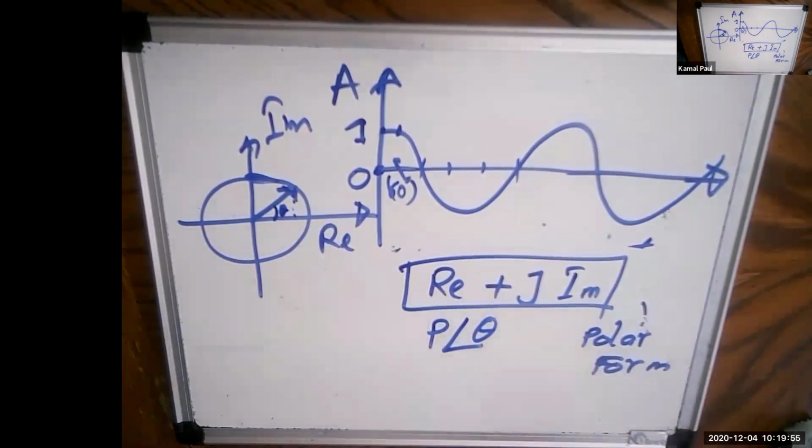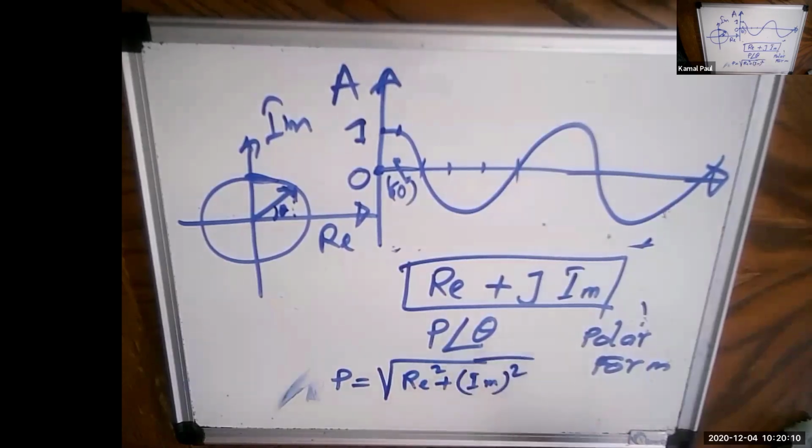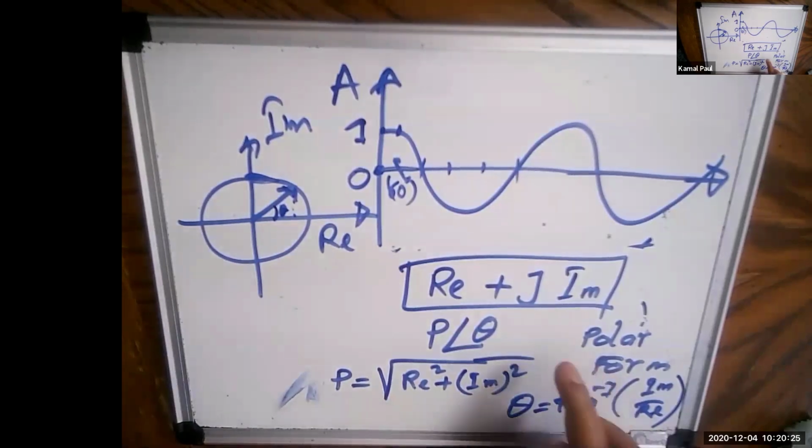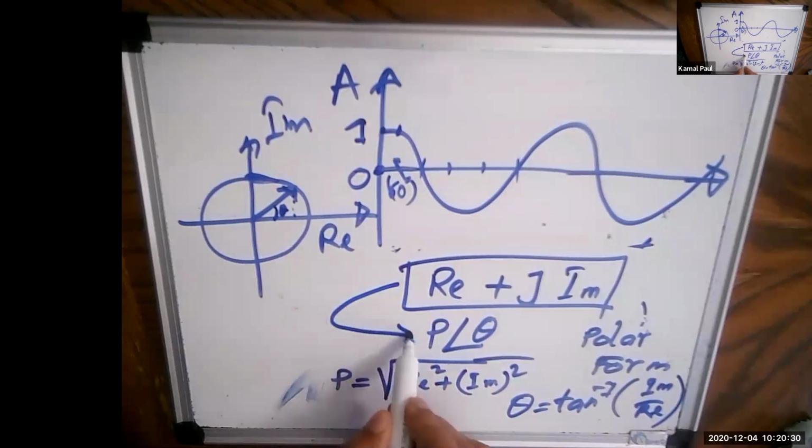Now, how we get this polar form, we should already know. So the magnitude is equal to square root of the real part square plus the imaginary part square, right? And we already know how we can determine this theta value. Theta is tan inverse of imaginary part by real part. Although we have our calculator, we can easily convert this rectangular form into polar form.